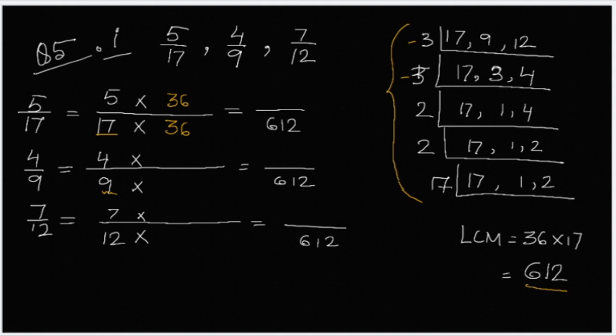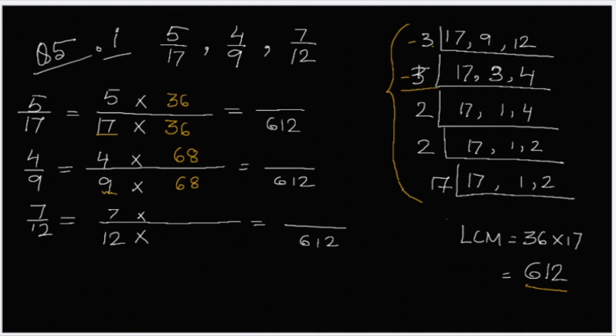So 9 into how much is 612? These two make up 9. So what will be the other number which should be multiplied with 9 to give you 612? So that will be 68, right? So this should also be 68.